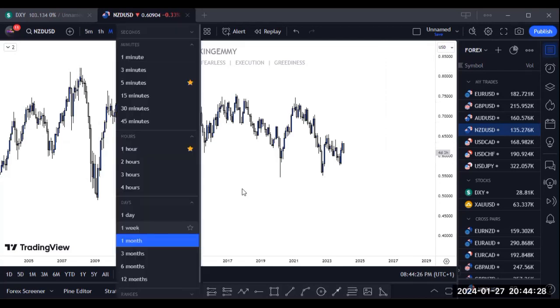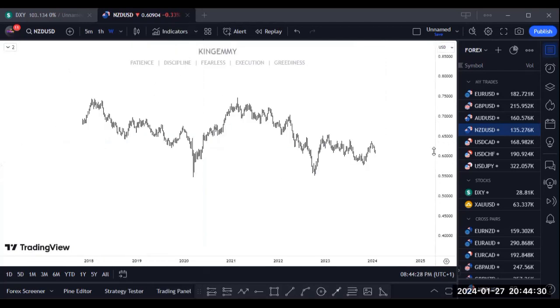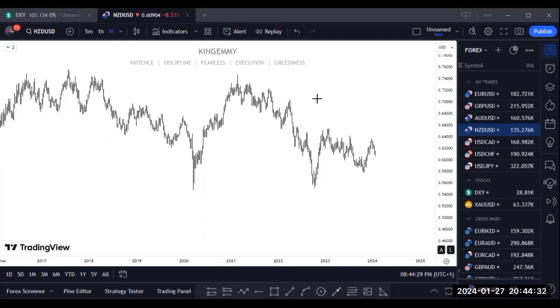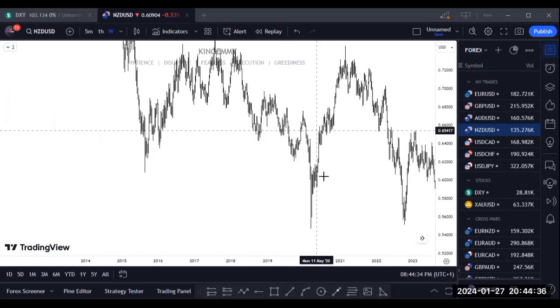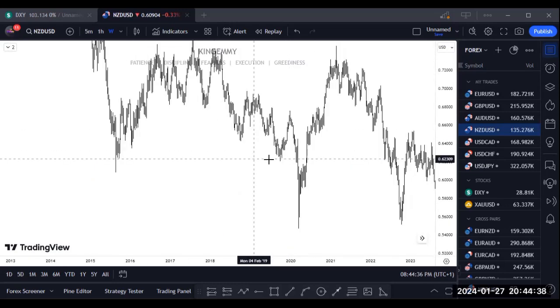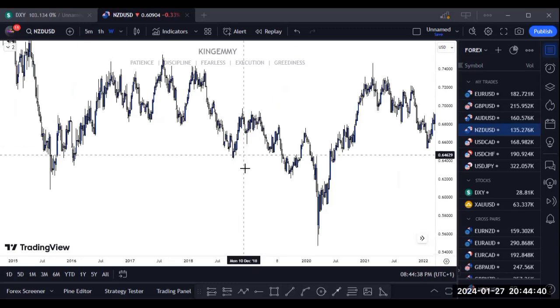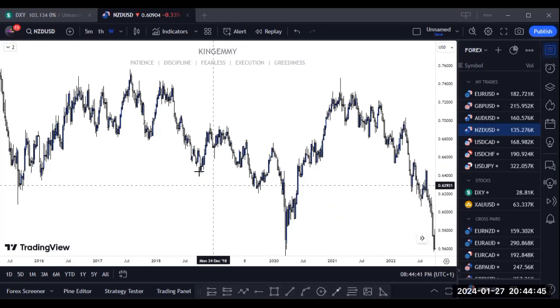So let's see. This is the 1 week time frame. On the 1 week time frame, what do we have? You analyze from the left before coming to the right. So let's see. We have price taking out the previous high.